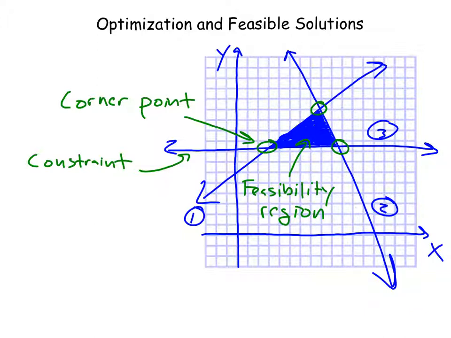Okay? The constraints, and this is probably the most challenging part of doing a linear program, are what form the inequalities. Okay? You have to write those inequalities from a description. So you have to write inequalities from words. That's, I'll tell you right now, the most challenging part.